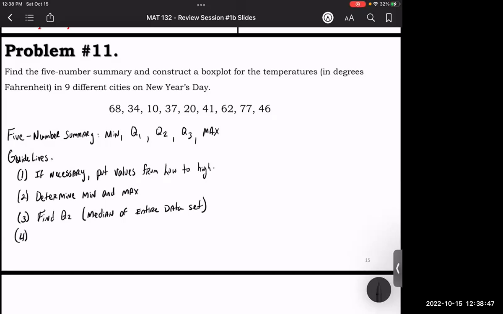To find Q1, which is your lower quartile, you will need to find the median of the lower half. Once you find the median of the lower half, you can now proceed to finding Q3, which is finding the median of the upper half.